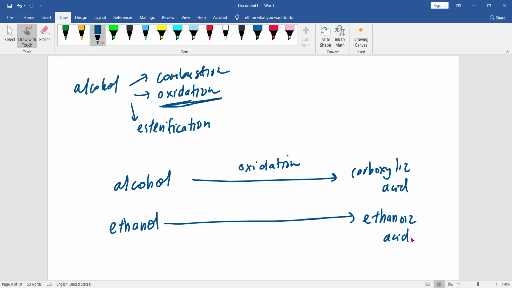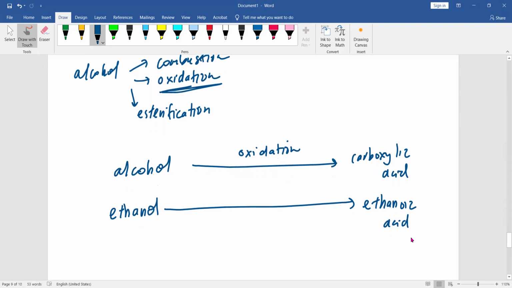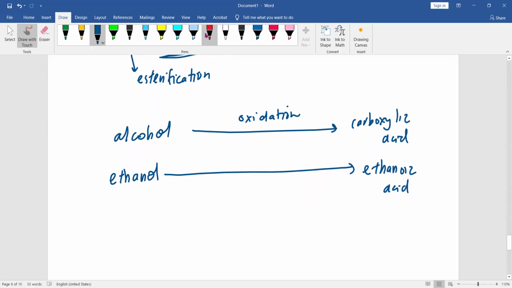Okay, ready? There are two ways to do oxidation. The first one is, of course, an oxidizing agent. What is the name of the oxidizing agent? Acidified potassium manganate(VII), KMnO4. Remember, 记得这个什么颜色？什么颜色？ Okay, you tell me the color, I'll forgive you.